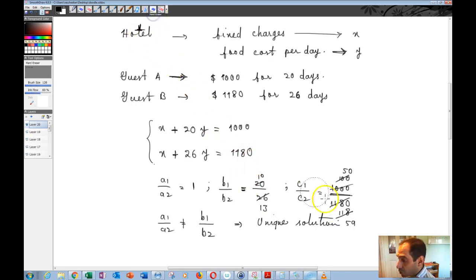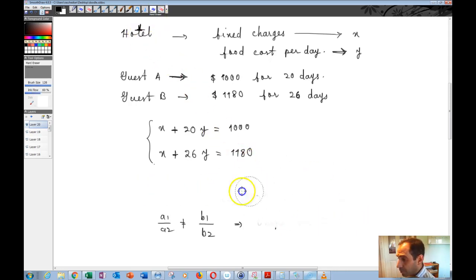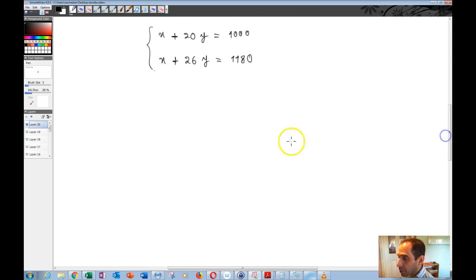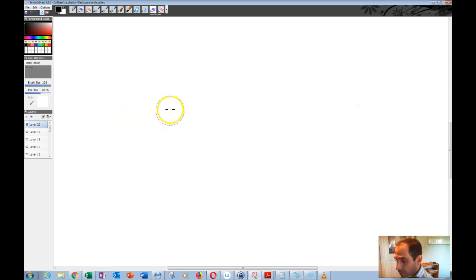Now, in order to solve this problem, you can use the cross multiplication method, where you write your x over here, your y over here, and 1 over here.